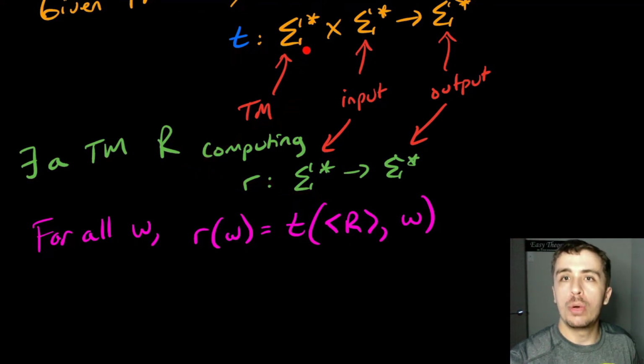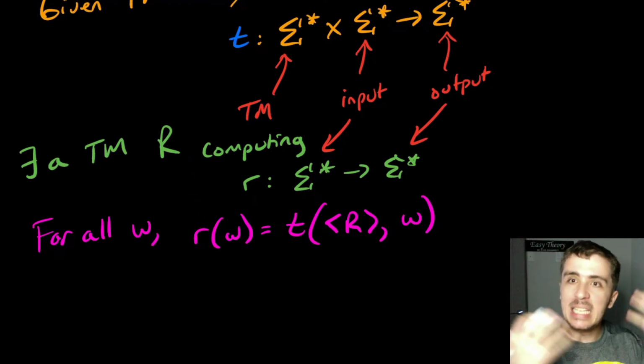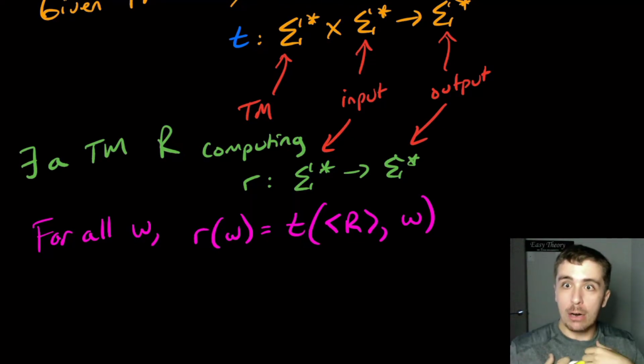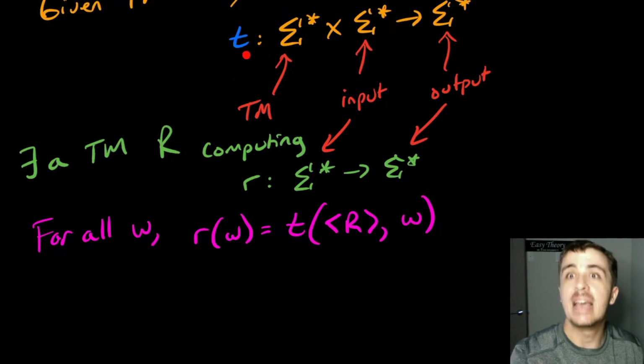Okay, so T can potentially take any Turing machine that you wish, but here we're going to fix it to R, and that's the magic of what R is. R is kind of like the self machine from before, but here we're not only going to be able to get our own description, but also compute the same function T also.